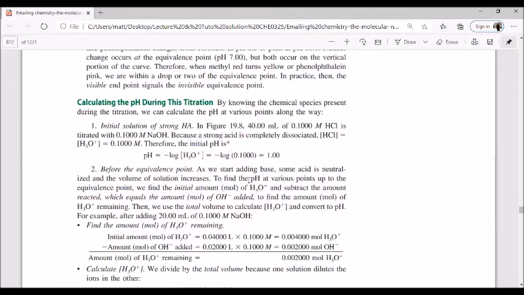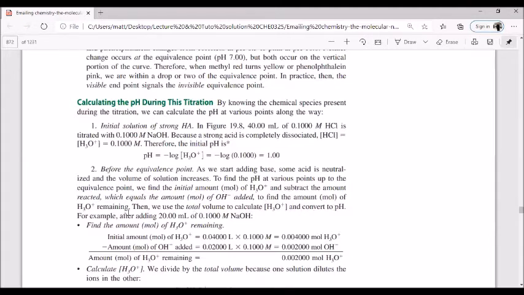To find the pH at various points up to the equivalence point, we find the initial amount of hydronium ion and subtract the amount reacted, which is equal to the amount of hydroxide added, to find the amount of hydronium remaining. Then use the total volume to calculate the hydronium ion concentration and convert to pH.